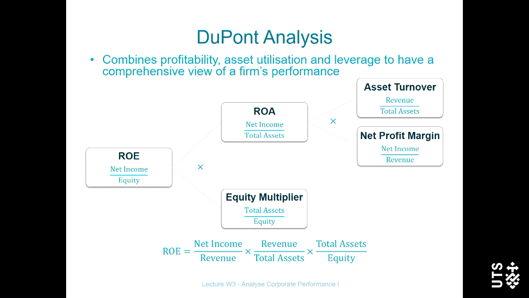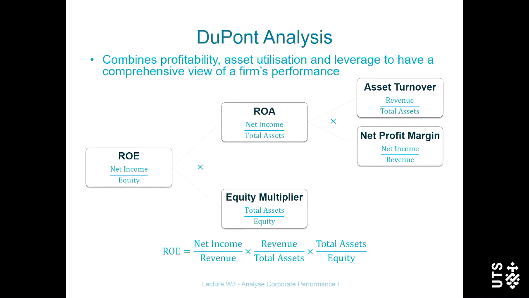However, companies within the same industry could finance those assets in completely different ways. They could have 100% equity, or a mix of equity and debt. That's why we multiply return on assets times the equity multiplier to get the return on equity. The equity multiplier, as we saw before, is assets divided by equity.